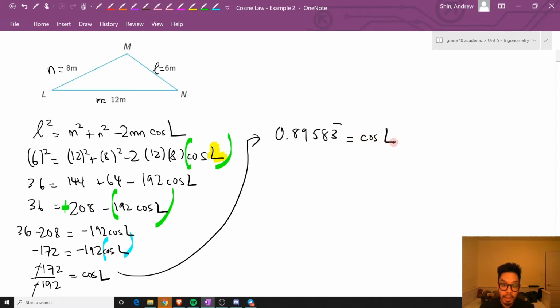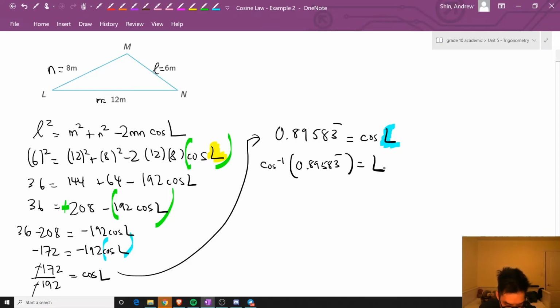And then now we can isolate. We're just isolating for L here. We need to get rid of cosine. So the opposite of cosine is cosine inverse. So we're going to look up that angle. I'm actually not going to delete anything in my calculator.